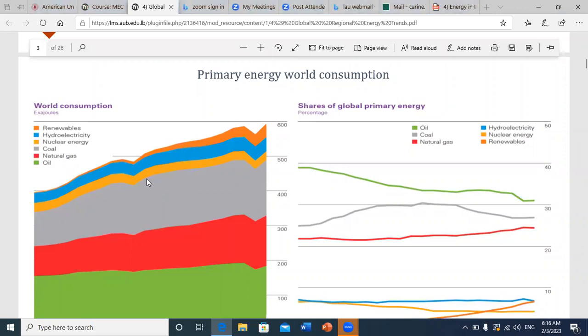So if we observe the last years, we can see the increase of the rate of use of renewable energy. And concerning fossil fuels, we are trying to reduce the rate of increase of oil and fossil fuels.